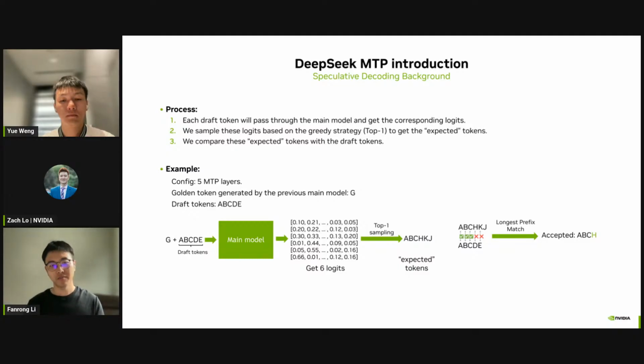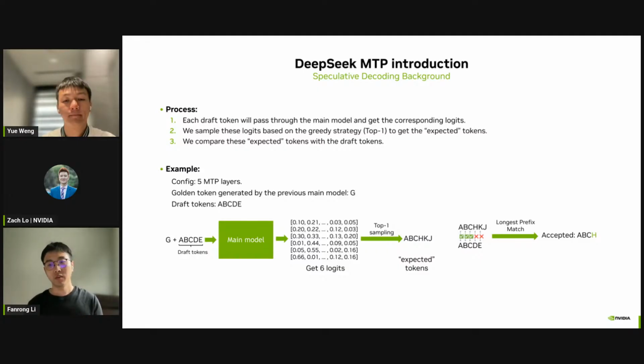This main model forward is the verification stage. In the verification stage we input all those tokens to the model, predict the expected tokens, and then compare the expected tokens with the draft tokens. Here we compare A, B, C, D, E with the output tokens A, B, C, H, K, J. If they match, we can accept those tokens.